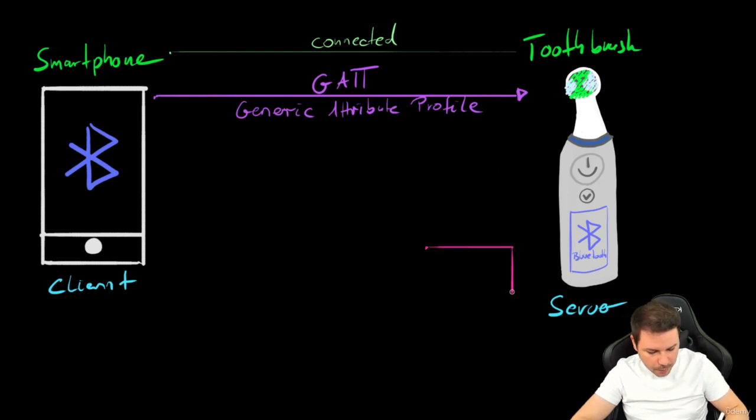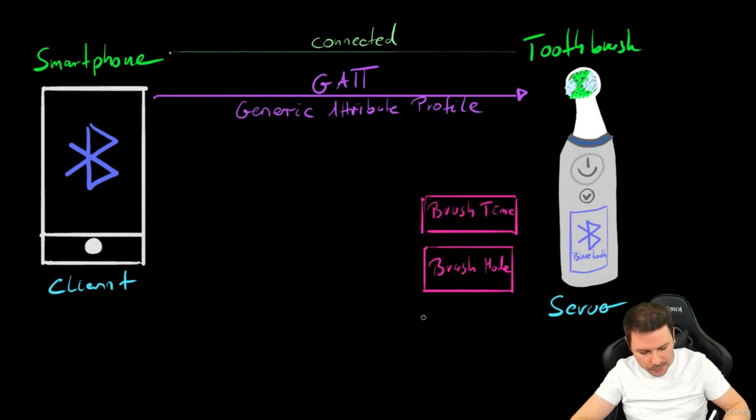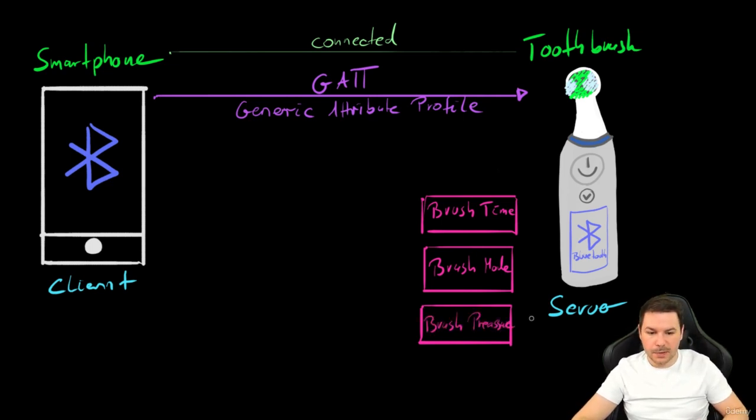For example, one could be brush mode. One characteristic could be brushing time. And one characteristic could be also the brushing pressure. So brush pressure.